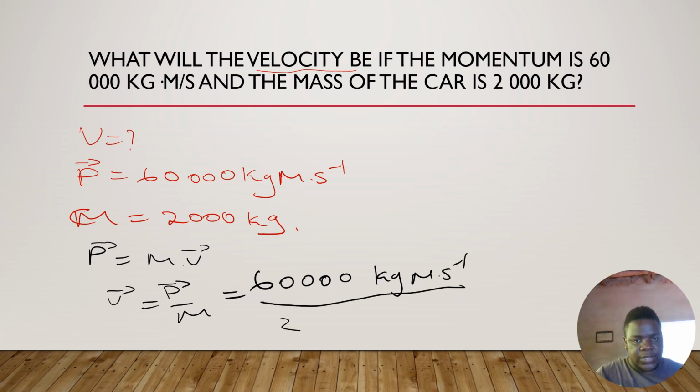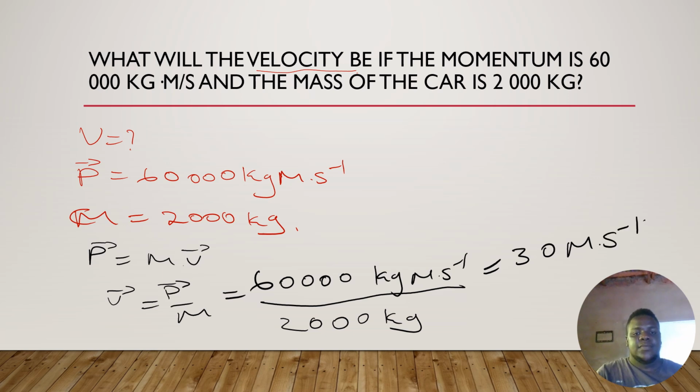Mass is 2,000 kg. Meaning that we're going to have an answer of 30 meter per second. This is it for that example. This example was very simple.